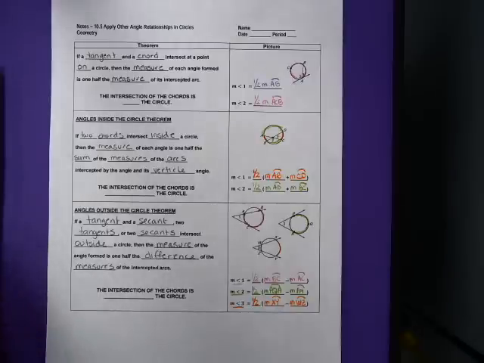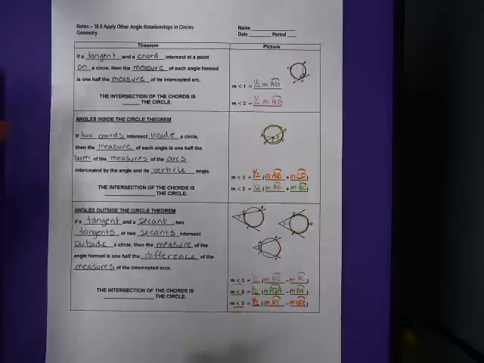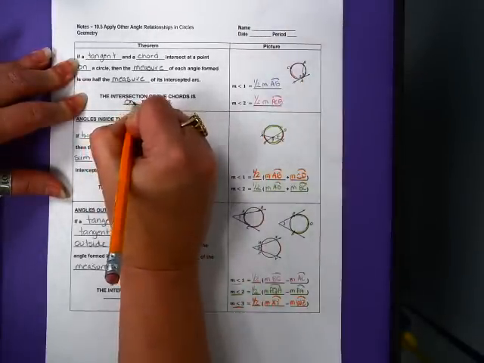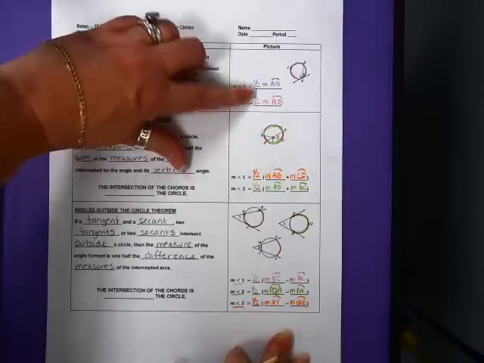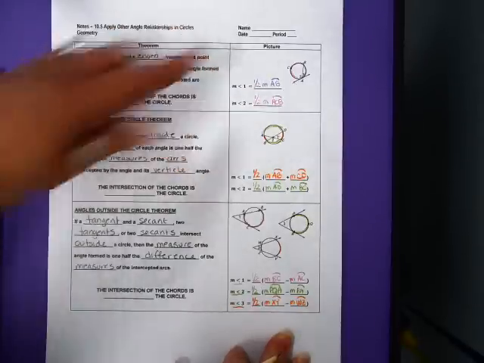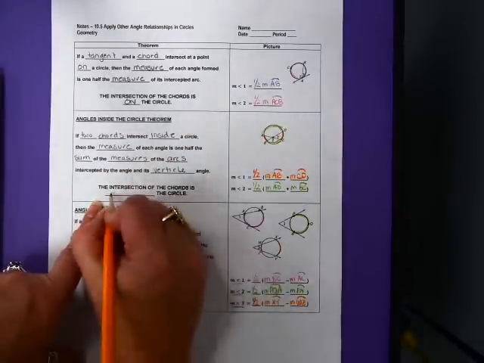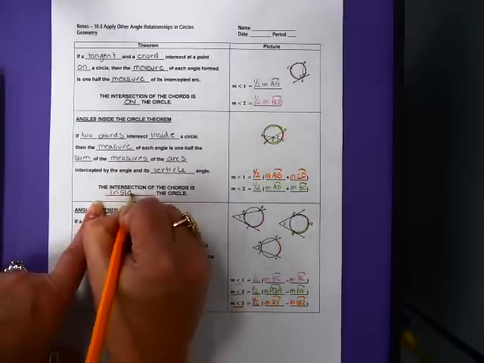Okay, so you have to really pay attention to where the point of intersection is. On this first theorem, we have on the circle. So it is just 1/2 of the arc, the intercepted arc. Here, the intersection of the chord is inside the circle.